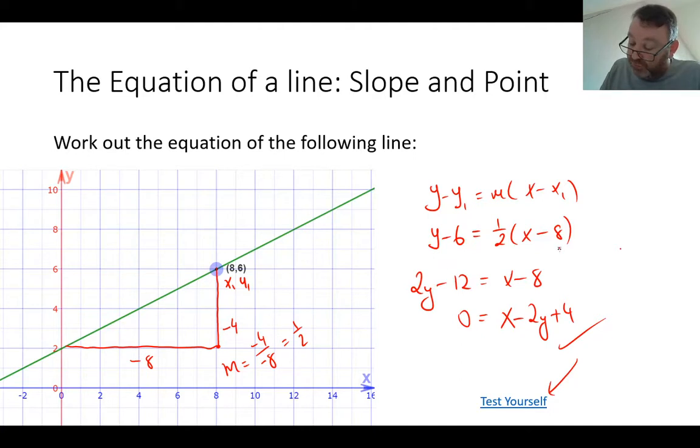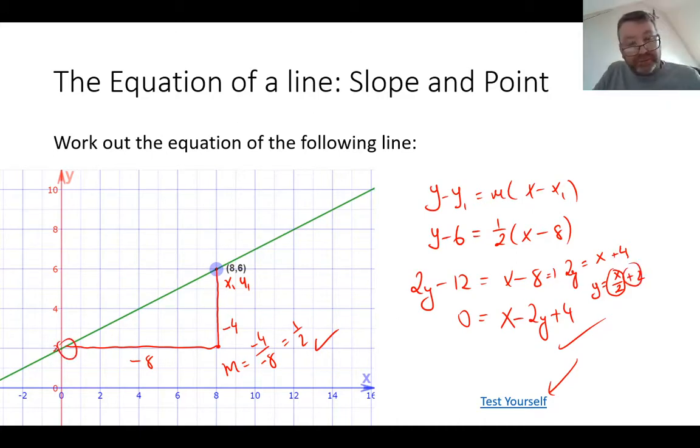We could have 2y is equal to x minus 8 plus 12, which is plus 4. Okay, now divide everything across by 2. y would be equal to x over 2 plus 2. Guess what? A half is the slope, and plus 2 is where it cuts the y-axis.